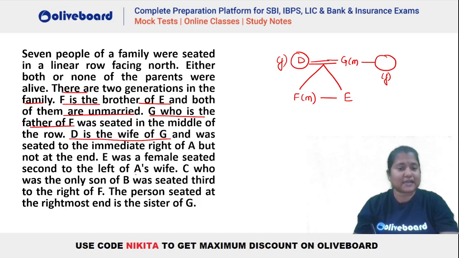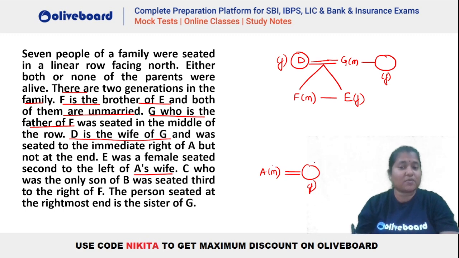Now you can understand that A should have a wife, right? So A has a wife here. That means A has to be a male person, right? That is one thing here. Also, it is given that E was a female person, so E has to be a female person here. Now, F and E cannot be married, right? That was given, that F and E are unmarried here.